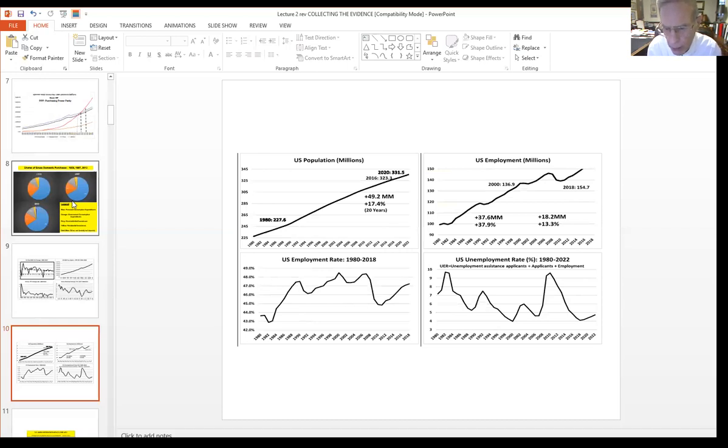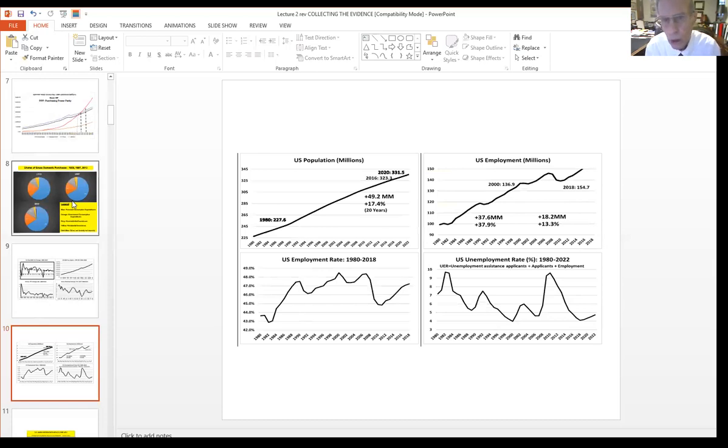By 2020, we'll have about 330 million people in this country. In 2016, it was 323. Today, it's probably about 325 million.